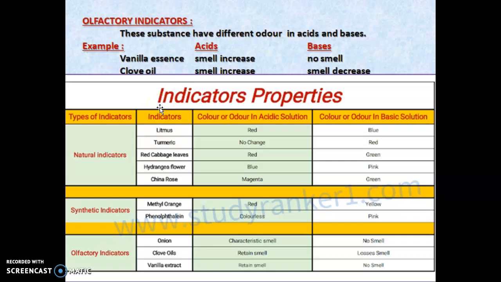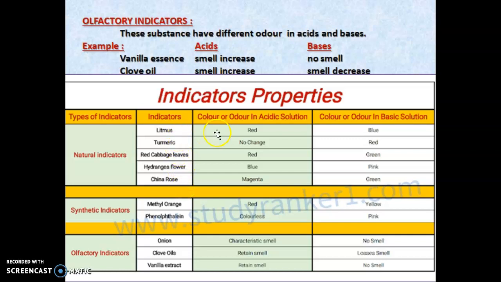So here we can see the indicator properties: the type of indicator, the color in the acidic solution, and the color in the basic solution. Natural indicators are litmus, turmeric, red cabbage leaf, hydrangea flower and China rose.